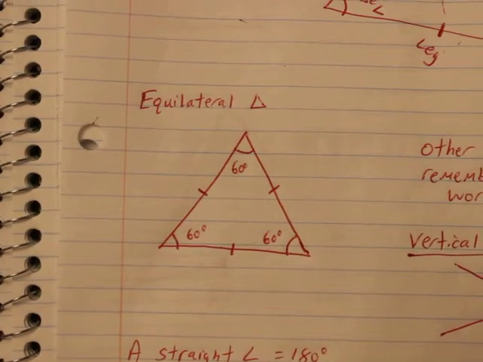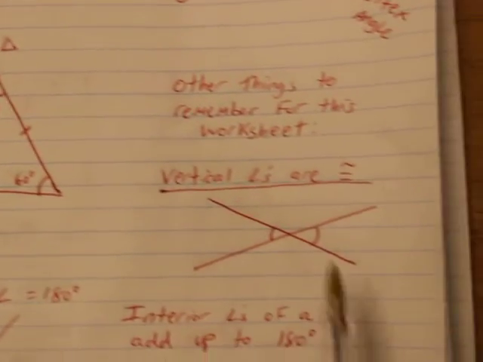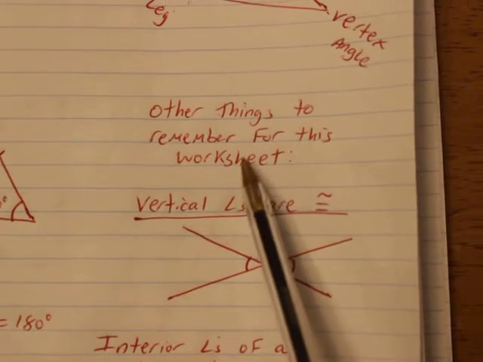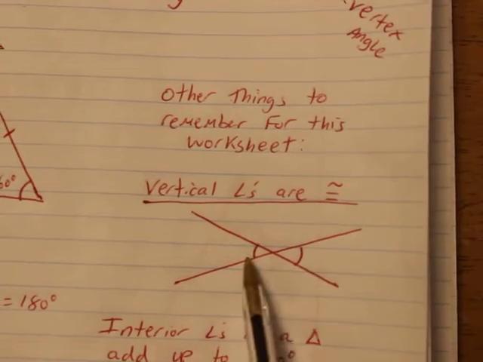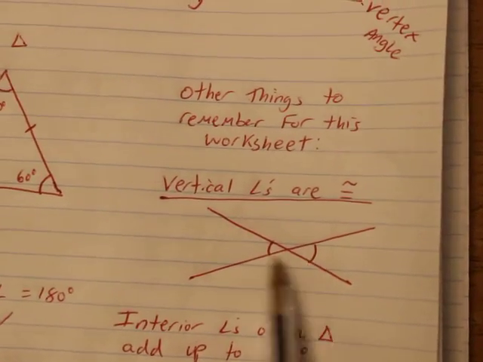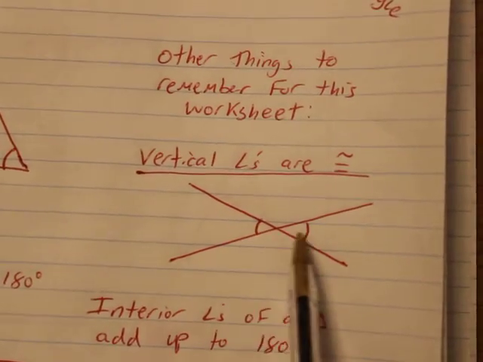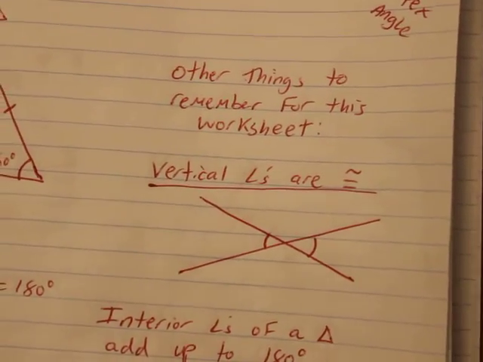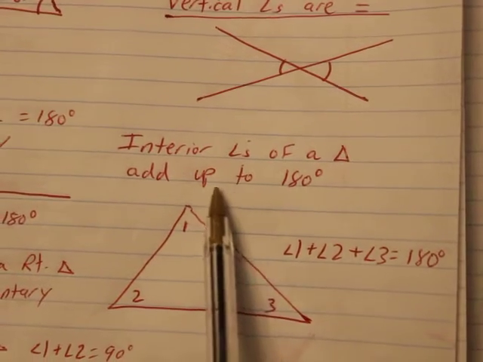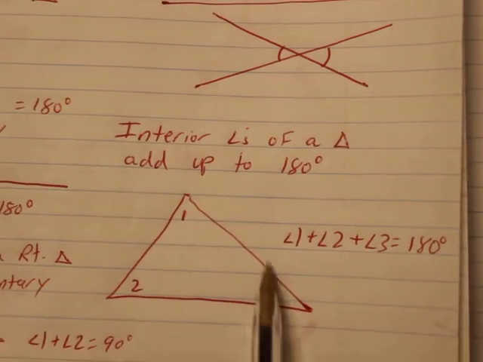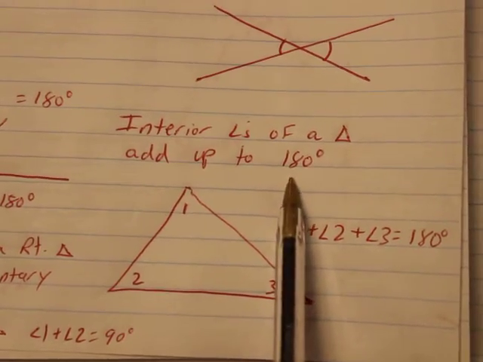All right, other things to remember for this worksheet that we're going to be doing is that you still have to know that vertical angles are congruent to each other. That comes up in this worksheet as well, so you have to make sure you remember that. You also have to know that all of the interior angles of a triangle add up to 180 degrees.